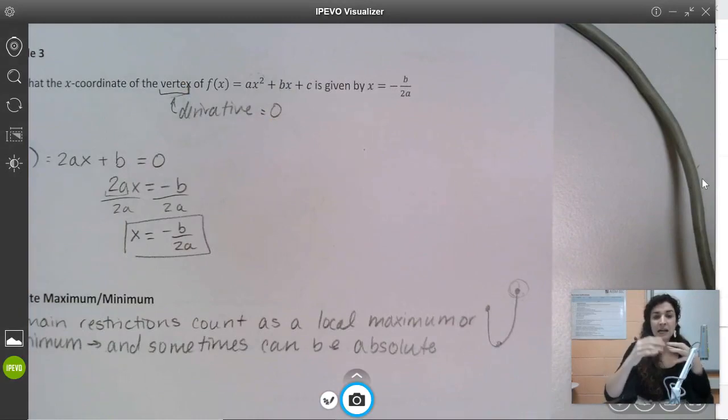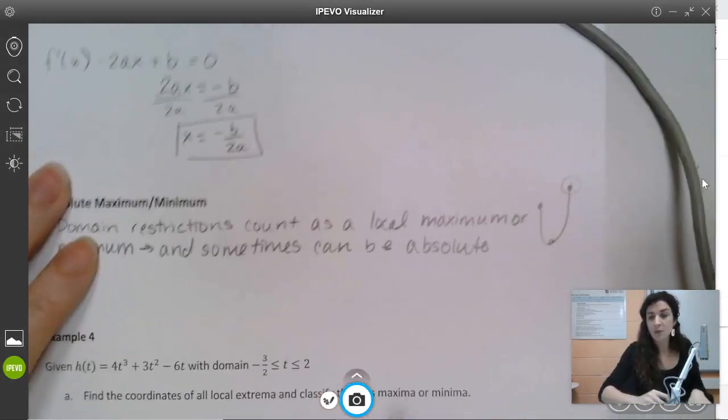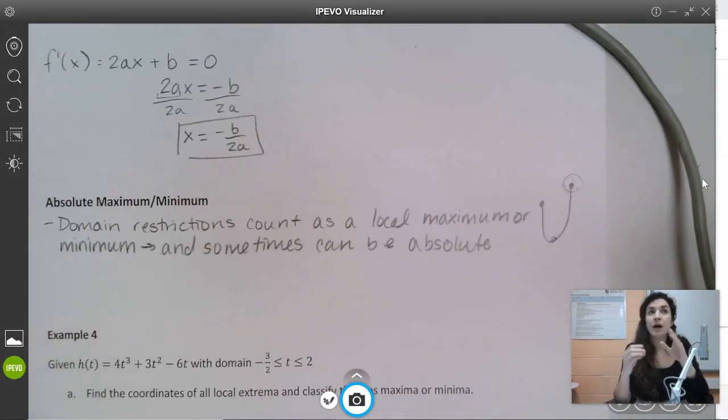So you see that now adding in this idea of a domain restriction, which is our next problem, could alter what is a local maximum or minimum, and it could also contribute to an absolute maximum or minimum.